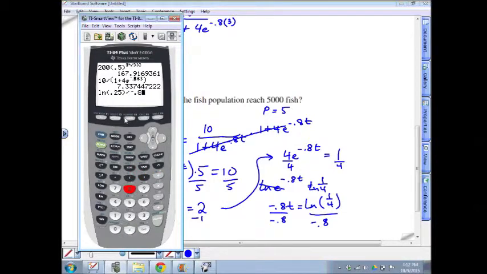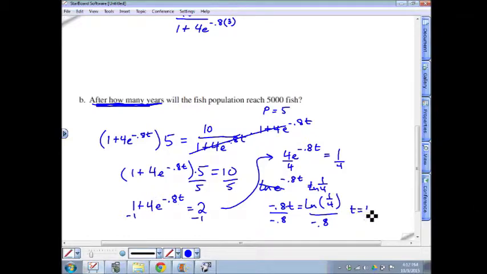So we've got the natural log of 1/4 divided by negative 0.8, and that is 1.73. And again, this is in terms of an actual context, so we've got to put this in place of its context. It's 1.73 years.